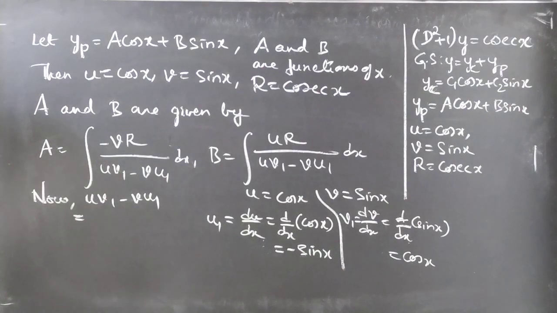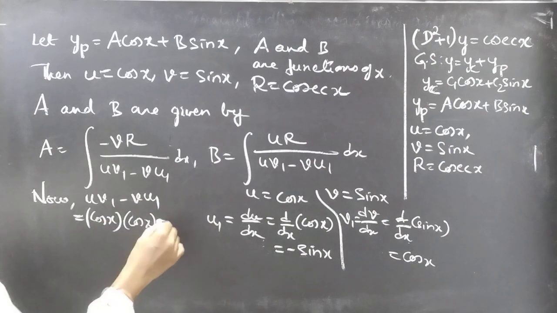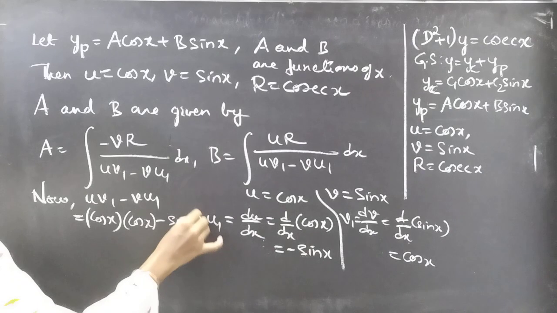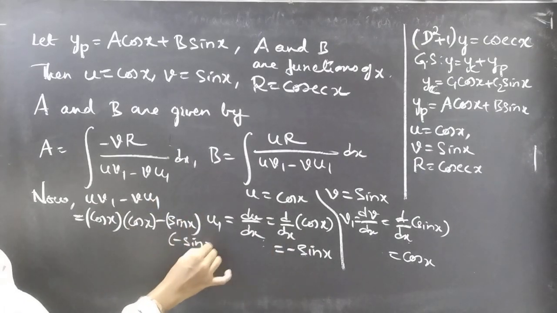Now coming to uv1 minus vu1: u is cos x into v1, cos x, minus v, sin x, into u1, which is minus sin x.